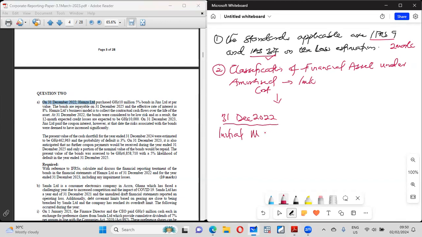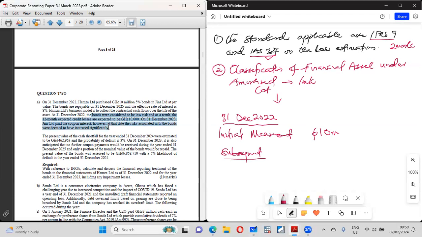So initial measurement, we have 10 million. There is no issue cost. So you don't have any problem on that. Then you do your subsequent measurement with the amortized cost table. But be careful. They said the risk was low.